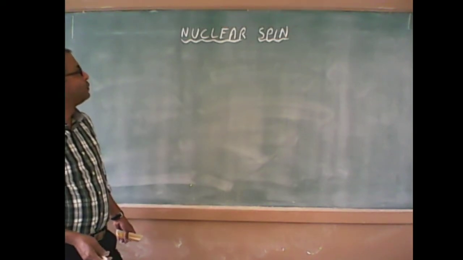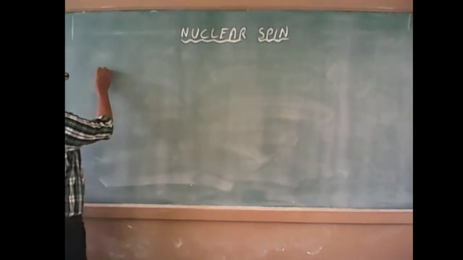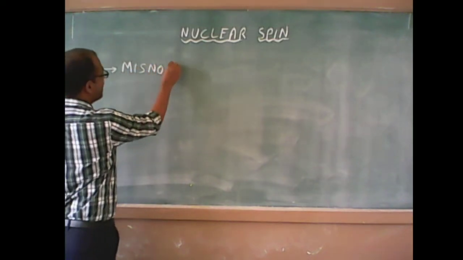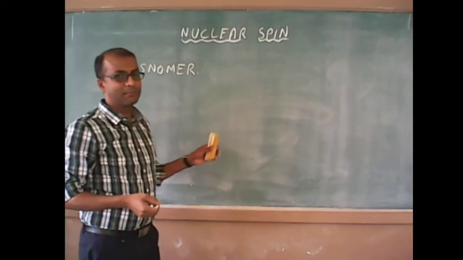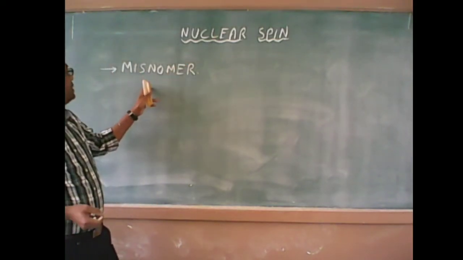If we look into the name nucleus spin, this actually is a kind of misnomer. Misnomer means the name seems to represent something else, but it represents something other than the name suggests.